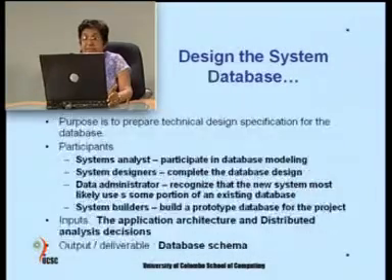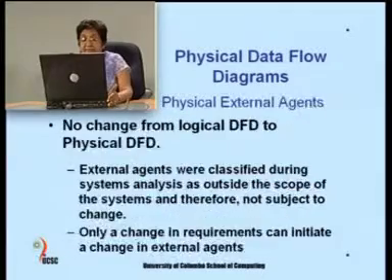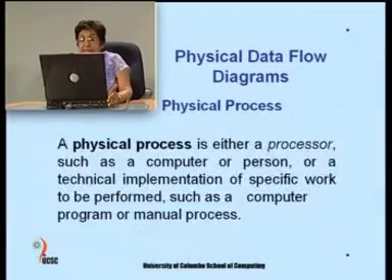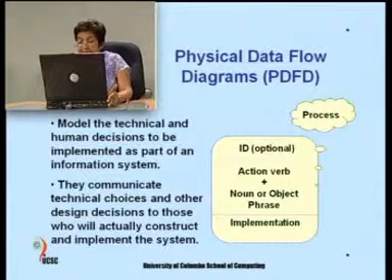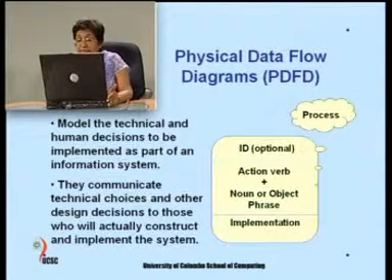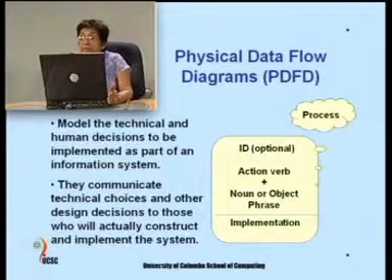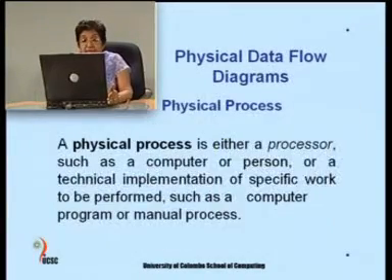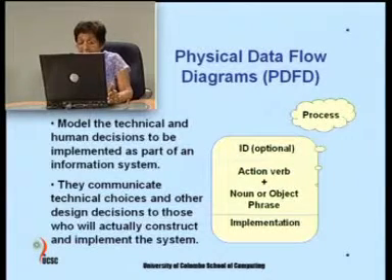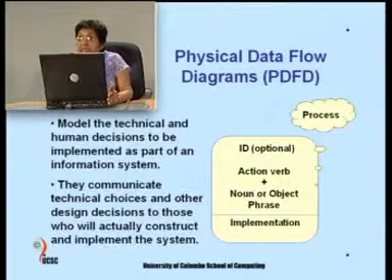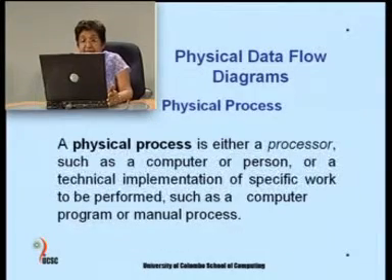In the textbook you will be able to find some examples here. It is very important that you look at them. Sometimes you may write how it is implemented, who is doing it, all those things will be written here, unlike in the logical DFD process. So, I suggest that you look at this in the textbook and look at how you draw a process in a physical data flow diagram.